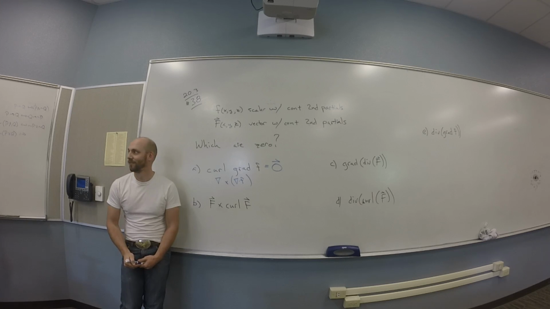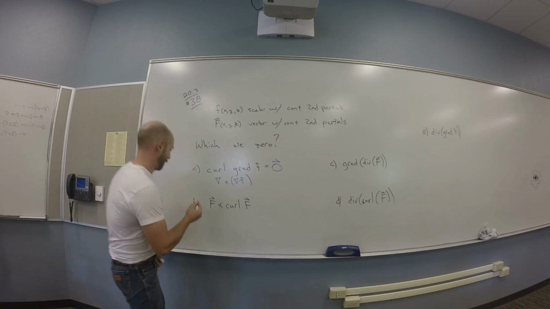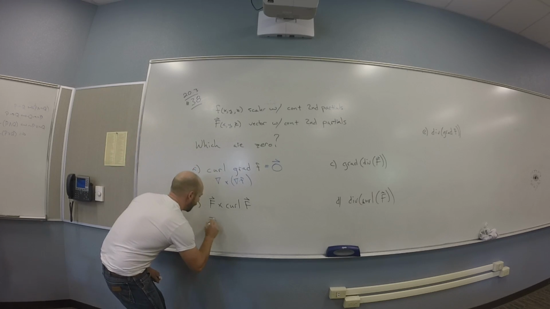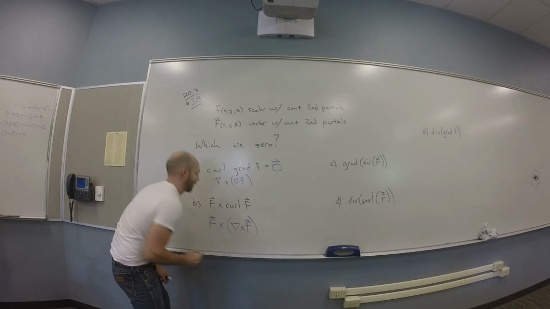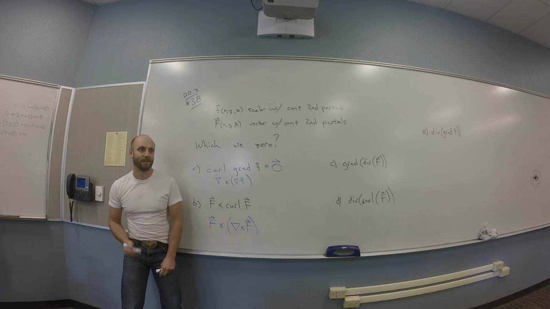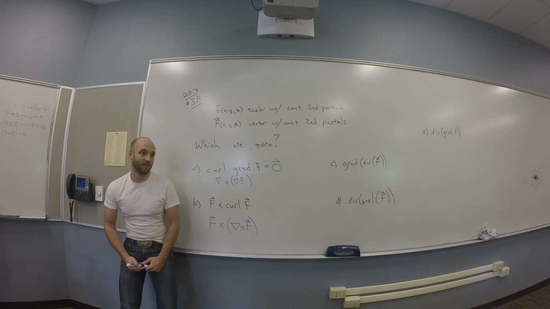That's weird. So say not zero. Okay, so that'd be F crossed with Nabla crossed with F, right? Nabla crossed with F is perpendicular to both Nabla and F. You guys see this?